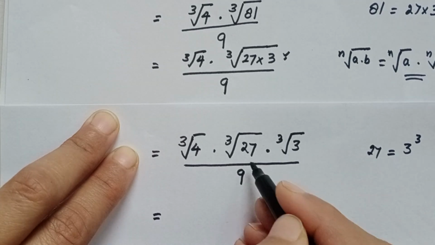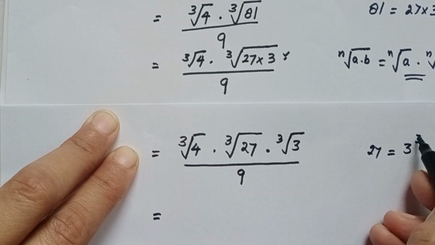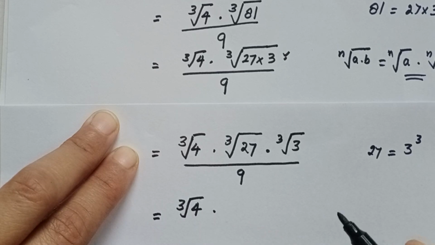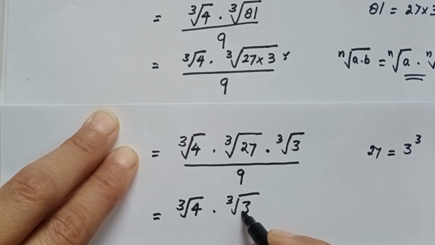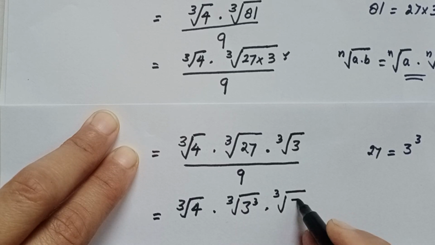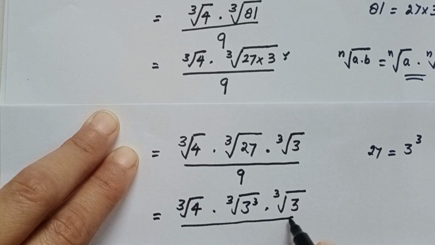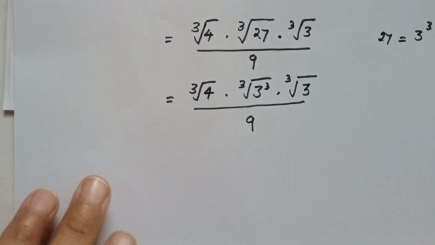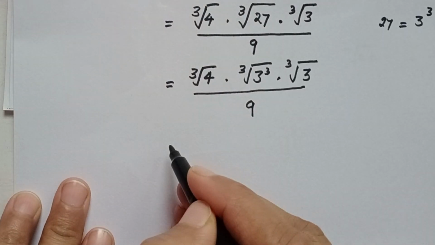So we plug in this 3 to the power 3 here, and we get the third root of 4 into the third root of 3 to the power 3 into the third root of 3 over 9.